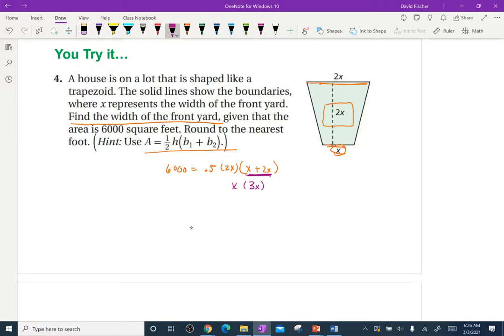So now we got x times 3x, which would be 3x squared. Let's get our x squared by itself. I'm getting 2,000. I should have known that.